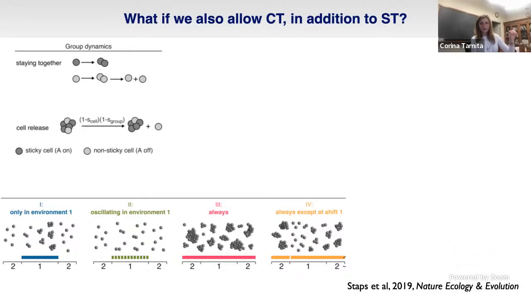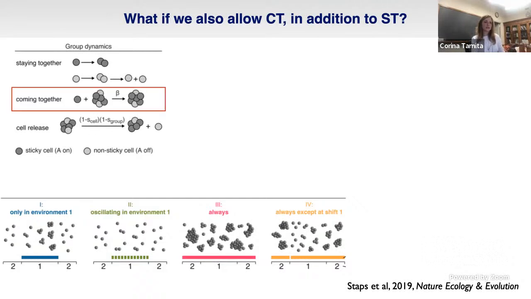Now, I'm going to skip a little bit quickly over this in the interest of time, but in addition to this staying together mechanism, so right now the only way to form groups is when a cell divides, the daughter will stick to the mother and so on and so forth. If you also add coming together in a very simple way, where single cells might bump into groups and get stuck to them if they're sticky. So we're not merging groups, we're not doing fusion of groups here.